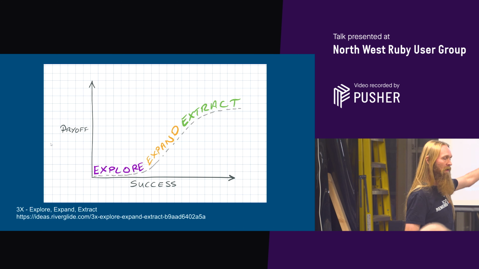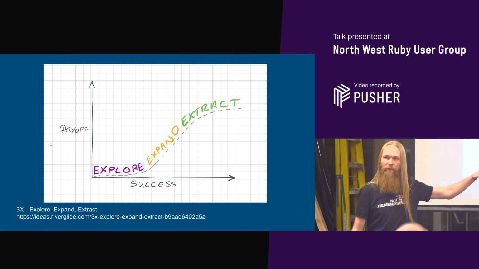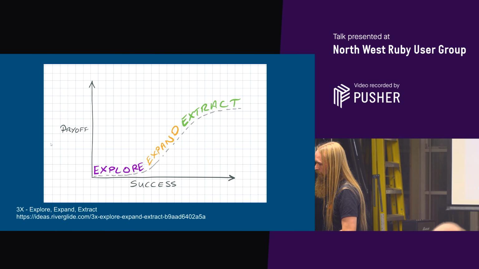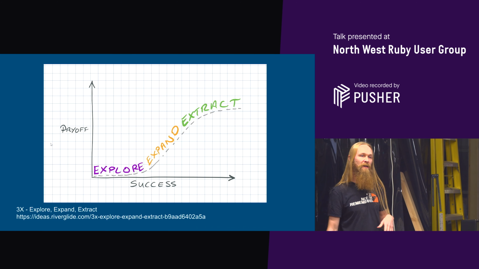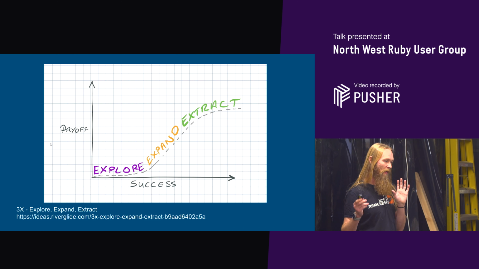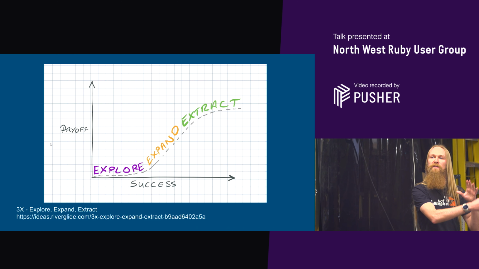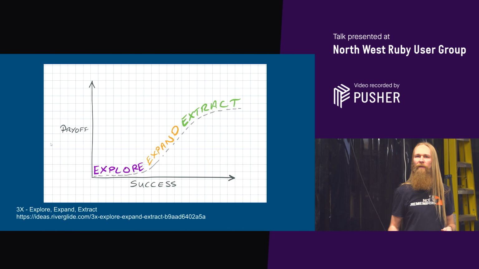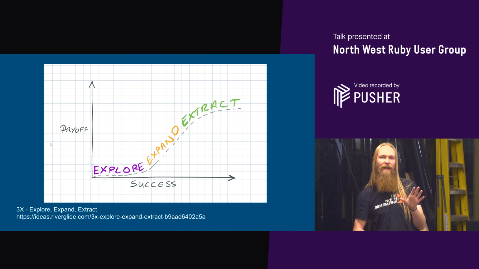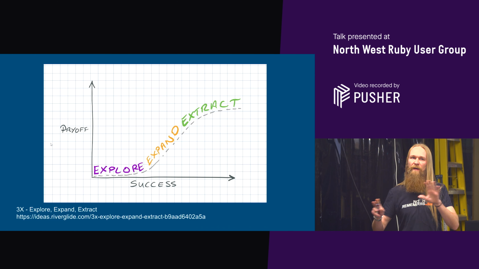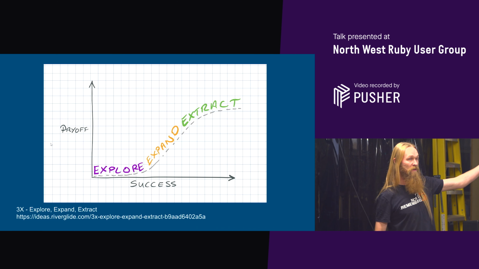So then you move into the expand part of 3X. If you're in the expand area, then you're looking for patterns. So, okay, well, they loved this bit, so let's do more of that. Let's double down on that. And you're working out the best architecture to fit these types of features. And you come to maturity with extract.